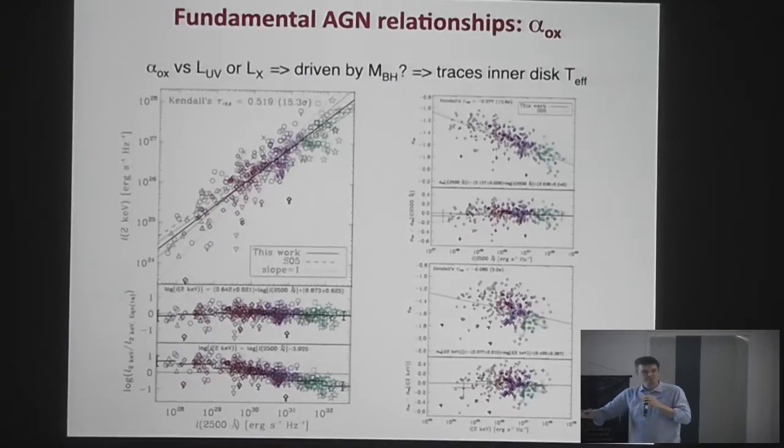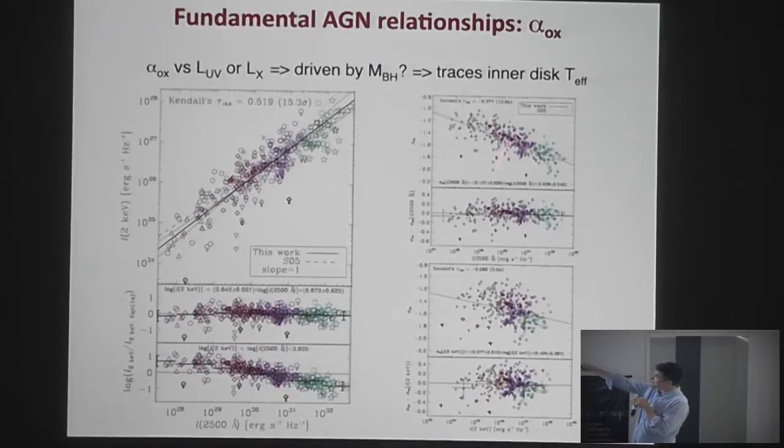So there's a change in alpha OX with luminosity. We can imagine this might come into play because we saw that there were some changes in the UV with accretion rate. We saw that there were definitely some changes in the X-ray slope with accretion rate. And so we could imagine that that's driving this.